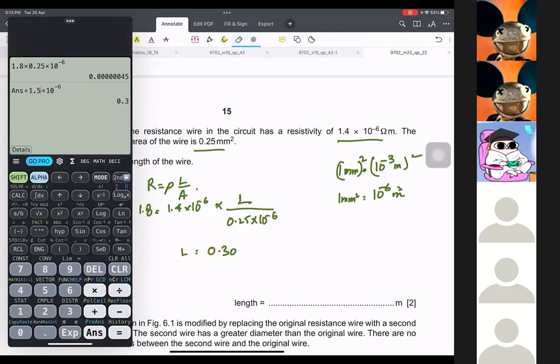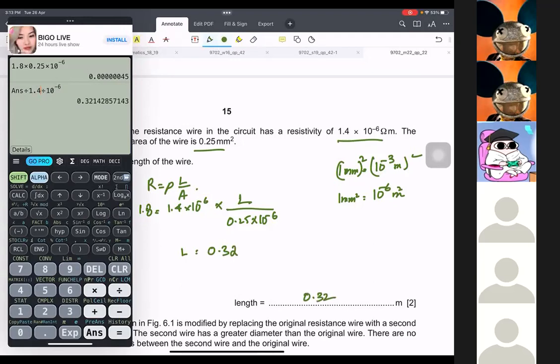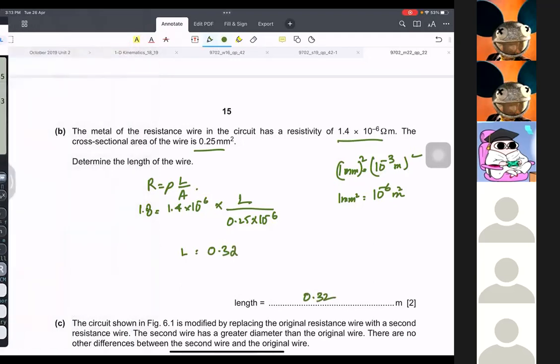Oh, okay. 0.32. I'm feeling sleepy actually. Too sleepy. That's fine.